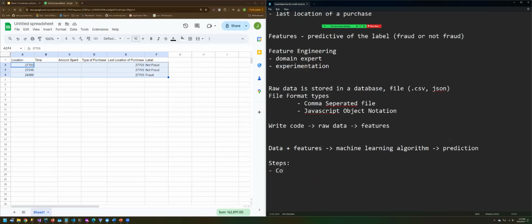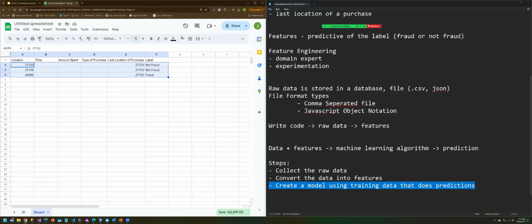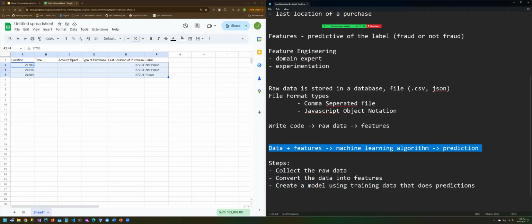So one, you're going to collect the raw data. Two, you're going to convert the data into features. Three, you're going to create a model using training data that does predictions. So this step right here is basically what I was talking about here.